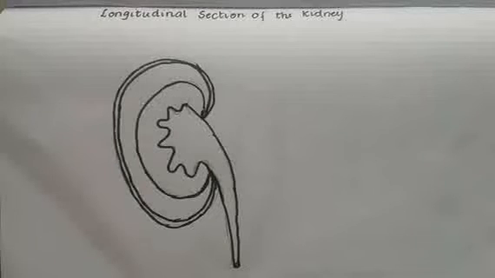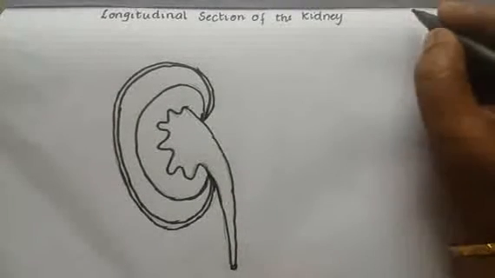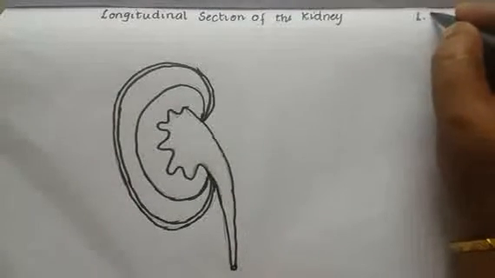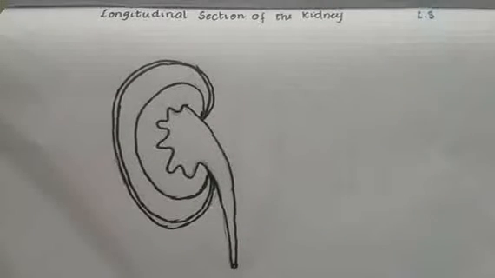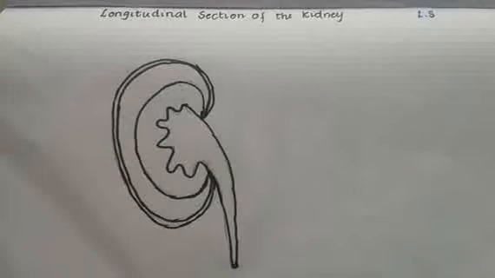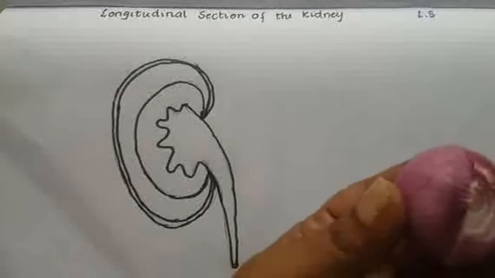What do you mean by longitudinal section of the kidney? In short form, what do you call it as a LS of the kidney? Yes children, when we cut any organ from top to bottom vertically, here I've taken onion.